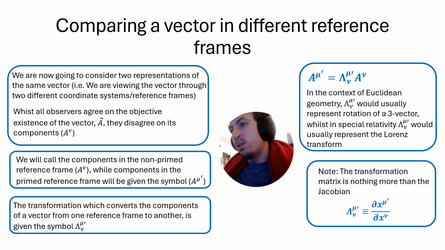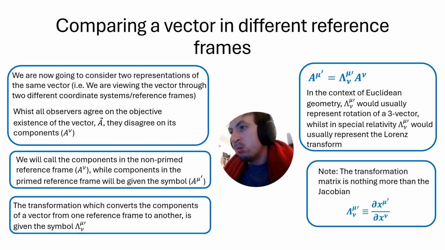Now you use the Jacobian, say, if you want to go from integrating in Cartesian coordinates to integrating in polar coordinates. You'll use the Jacobian matrix, or particularly the determinant of the Jacobian matrix, to work out essentially the scale factor you have to put in front of your differentials that you're integrating with respect to, to go from an integral in Cartesian coordinates to an integral in polar coordinates.